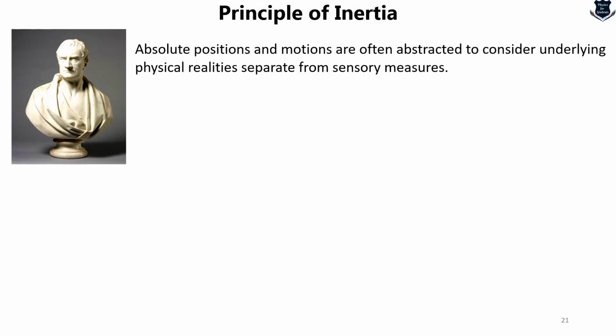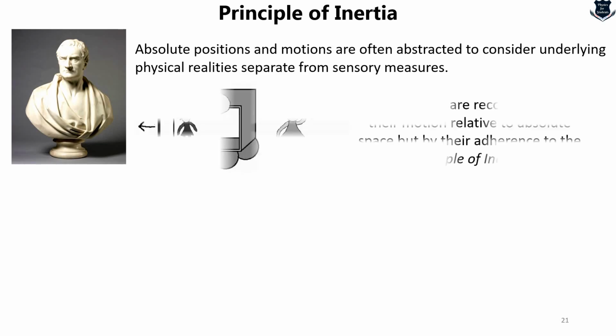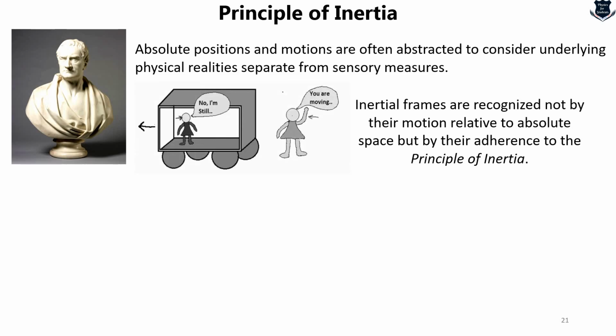What is important is that Newton emphasized using relative spaces and motions in practical affairs, so absolute positions and motion are often abstracted to consider underlying physical realities. Also, you will see that in practice, inertial frames are recognized not by their motion relative to absolute space, but by their adherence to the principle of inertia.